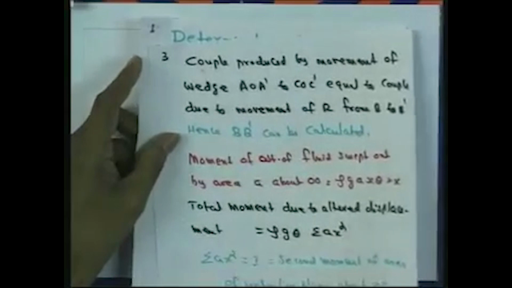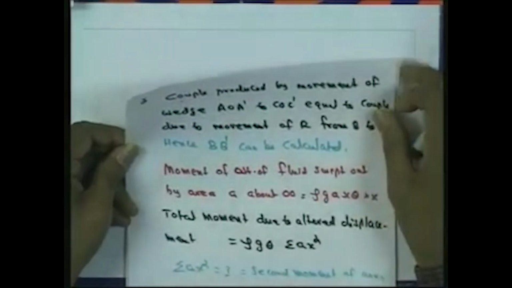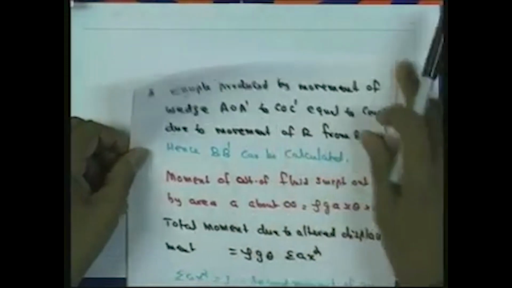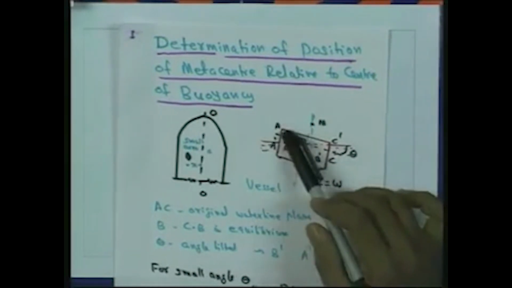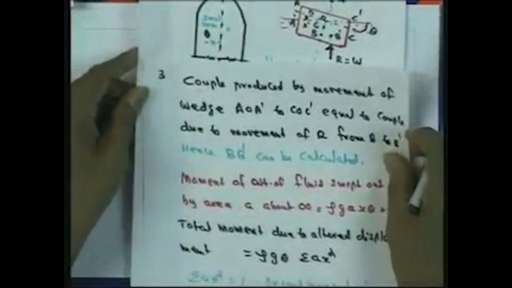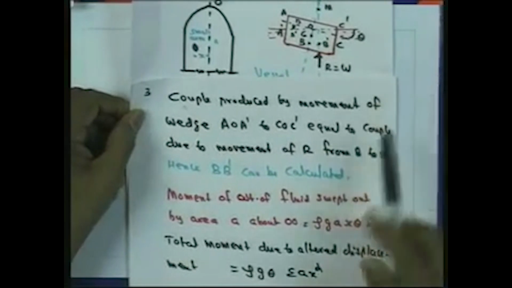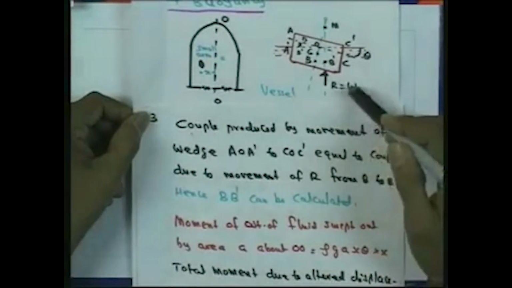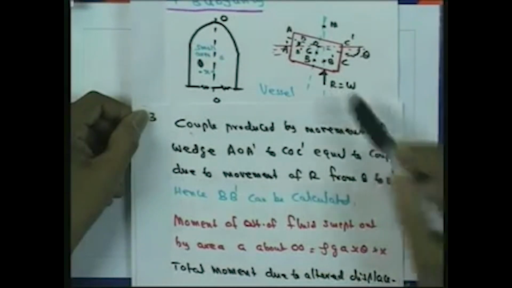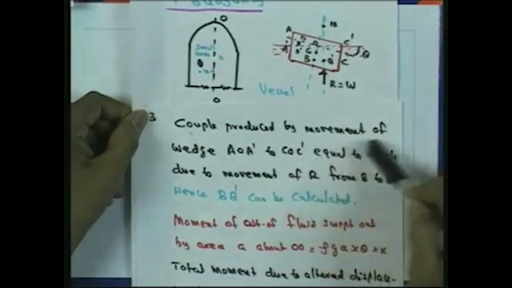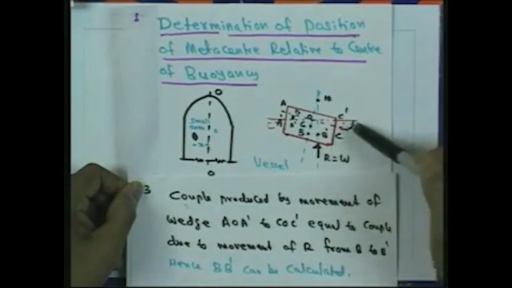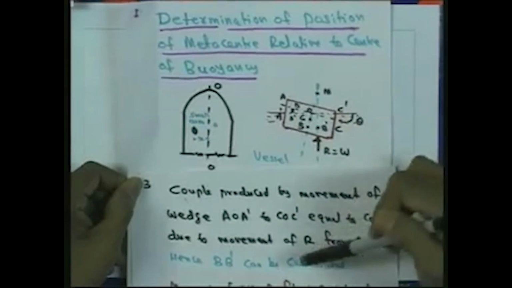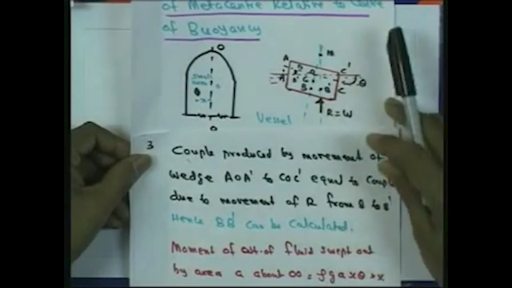Now, since we are providing a small tilt and the vessel is tilted, the couple produced by movement of wedge A O A dash to C O C dash is equal to the couple due to the movement of the resultant force R, the reaction force R, from B to B dash.